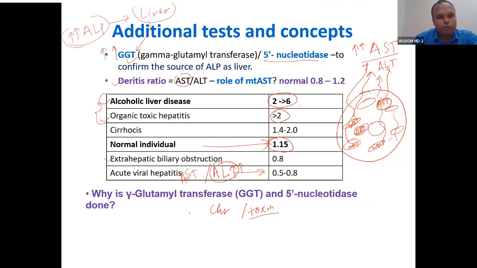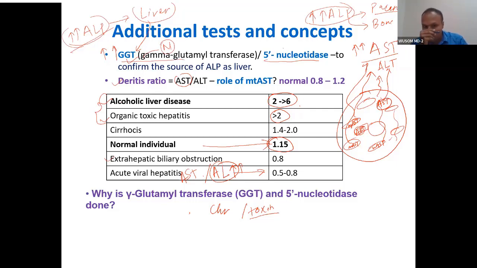But if ALP is high and gamma GT is normal, the source of ALP is somewhere else. It can be either placenta in pregnancy, or bone in growing children. This is the significance of doing gamma GT.